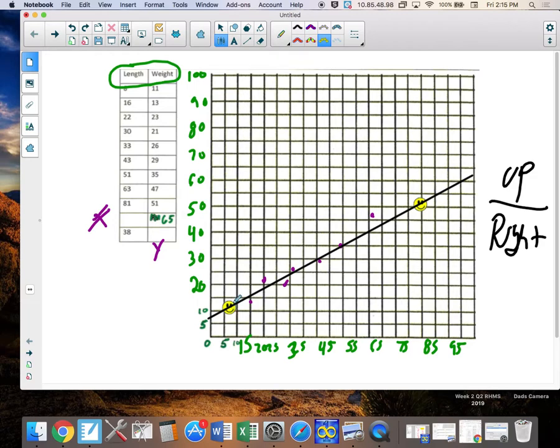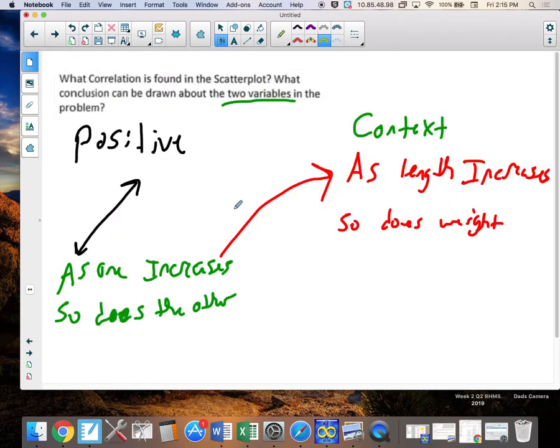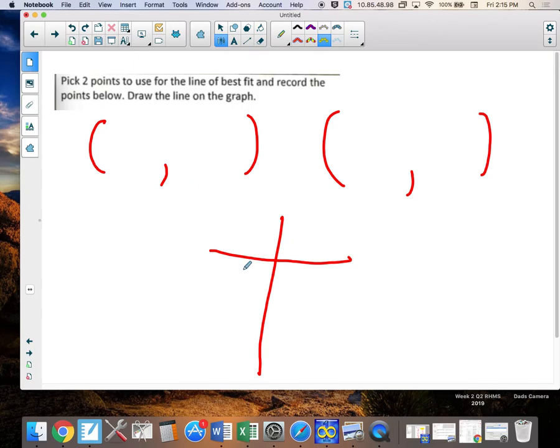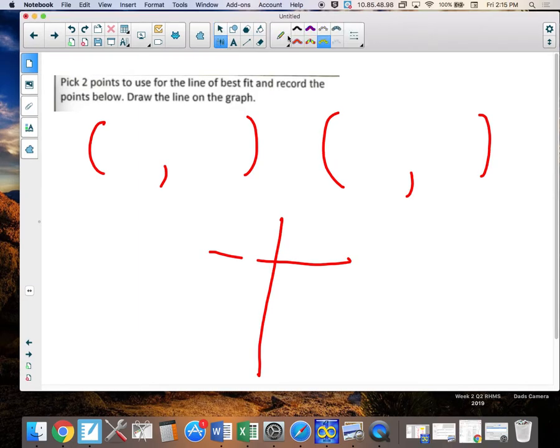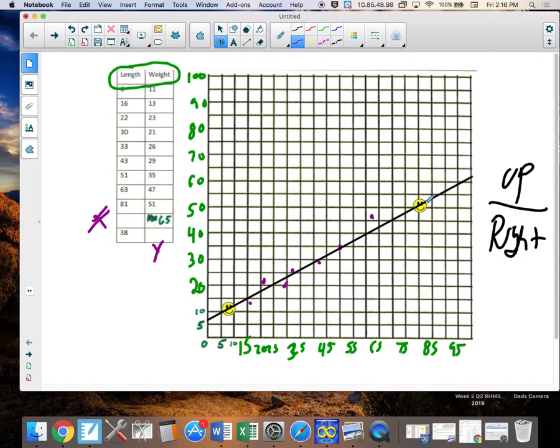The first point was right here. Oh, I didn't move this back 100%. Right about there. First point was the 8, 11. And the second point we chose was way over here.